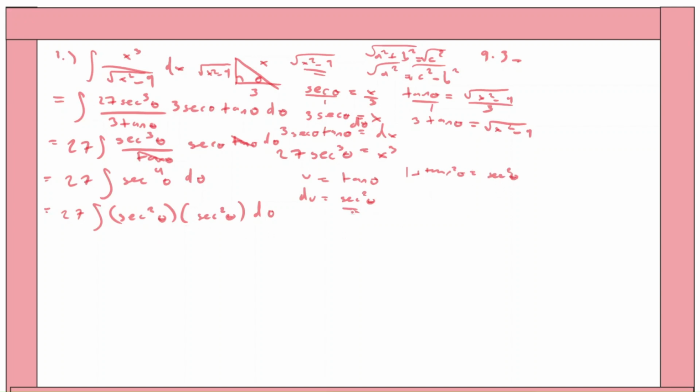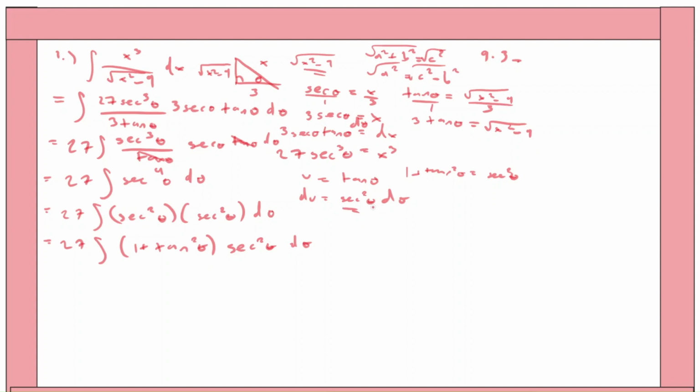We need it to be in tangents, so let's just replace secant squared with 1 plus tangent squared, which would be 27, and then we would sub this into 1 plus tangent squared of theta, and then we'd have secant squared of theta d theta. Like I said, we know that we need to be in tangents, which they are, and we have a du secant squared.